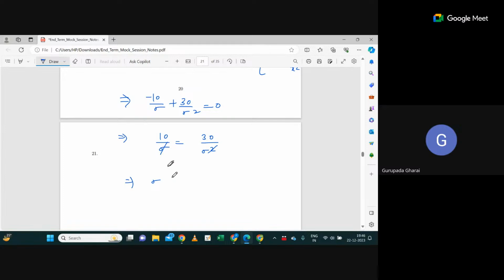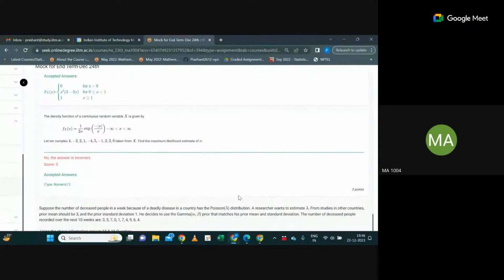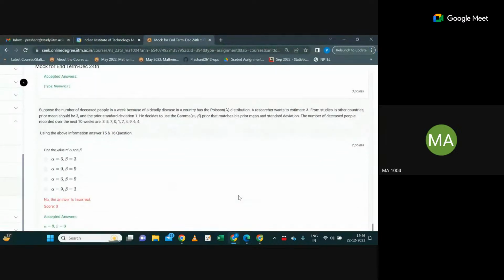So sigma equals 30 by 10, which is 3. So sigma ML is 3. This is the answer. The basic thing is you just have to multiply all the probabilities, right? Is this clear?